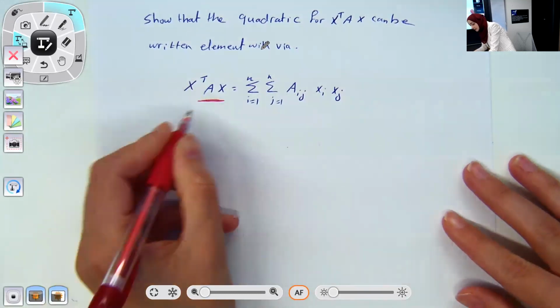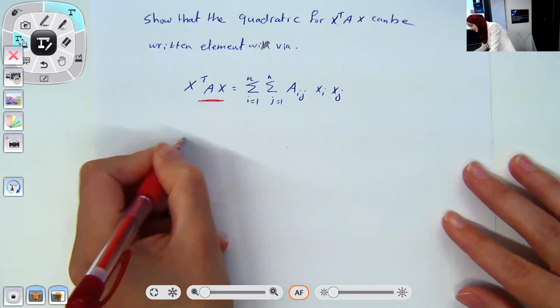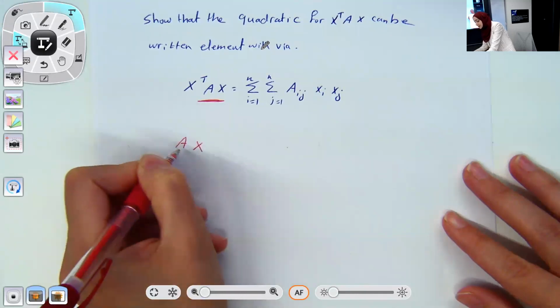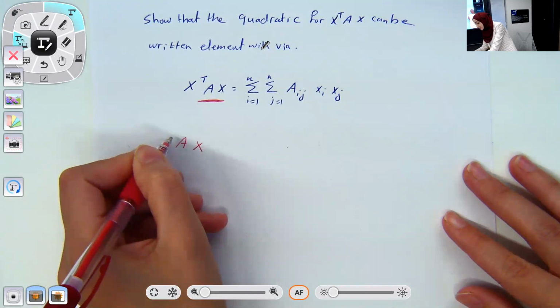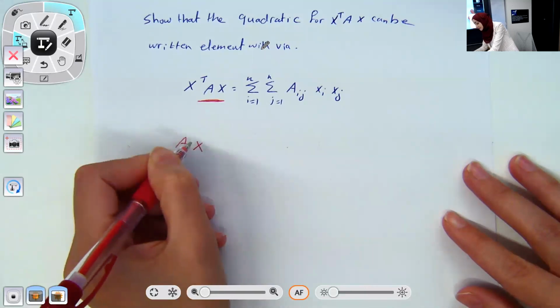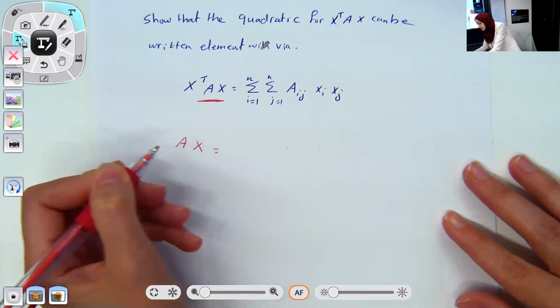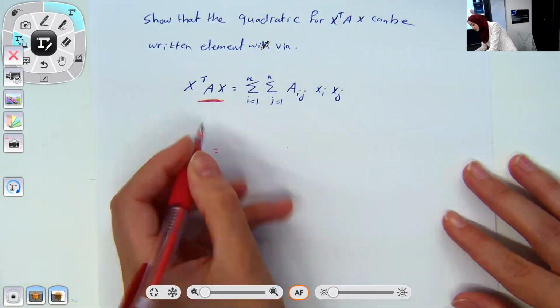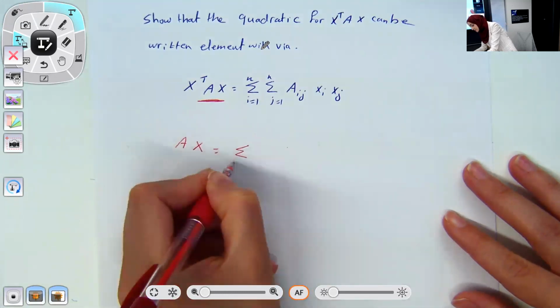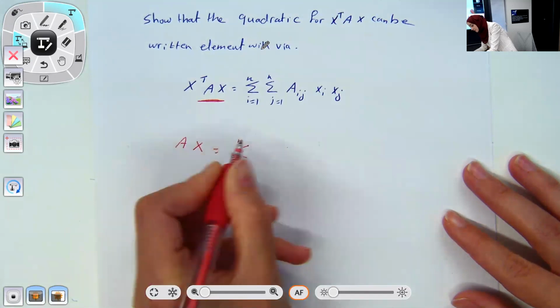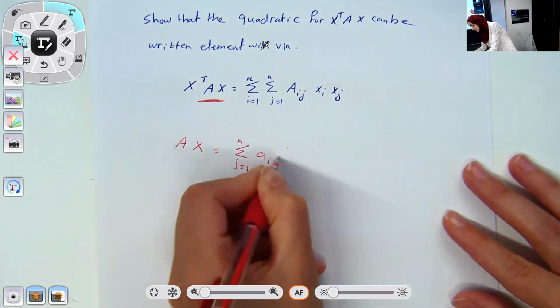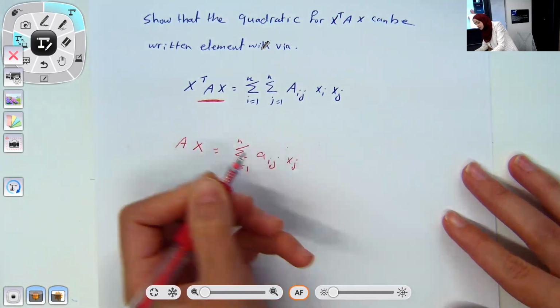If we try to write the multiplication between A times x, here we have the matrix A, which is a square matrix, multiplied with x, which is a vector. This will give you the inner part, which equals the summation from j equal 1 to n of Aij times xj. Let's try to expand.